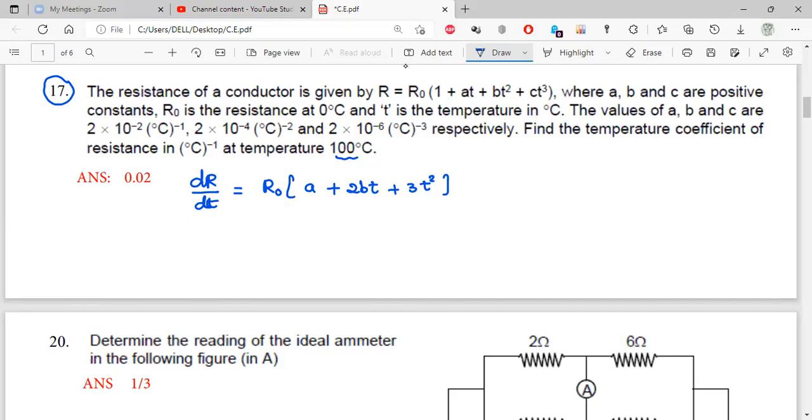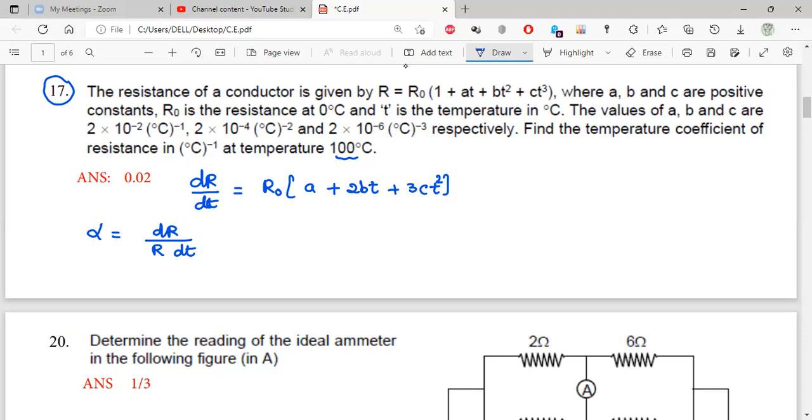And what is our formula for alpha? Alpha equals dR divided by R into dT.